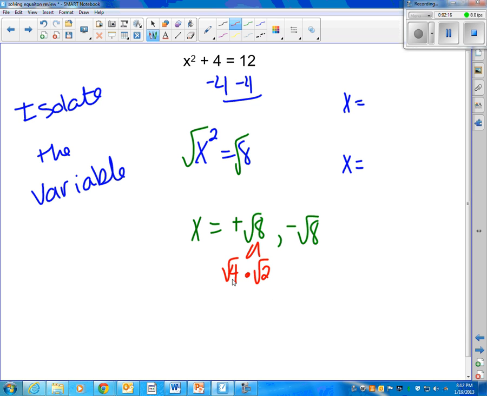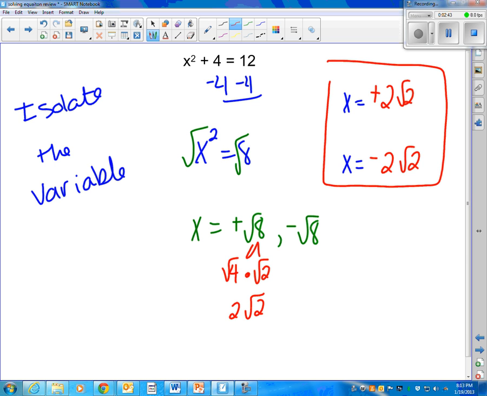Once you see a square root, you can recognize the square root of 4. You can stop there. Square root of 4 is 2, leaving radical 2 on the inside. So my two solutions are positive 2 square root of 2 and negative 2 square root of 2.